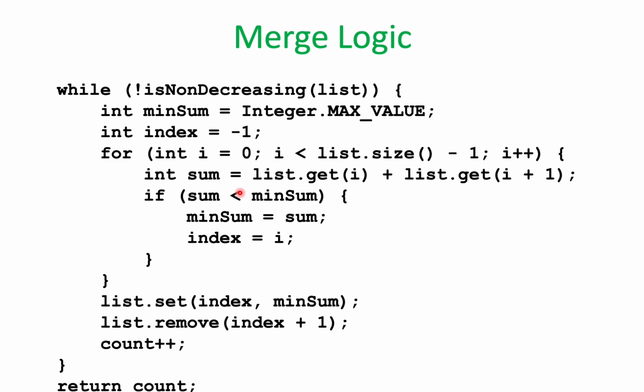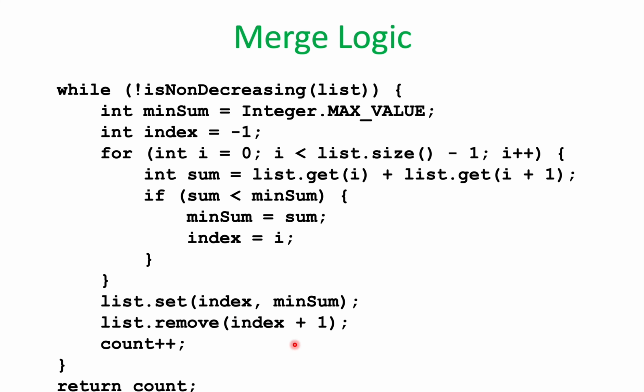What we are doing here is we find all the adjacent pairs and compute the sum, and then we have to select the leftmost pair that has the minimum sum. So we have found the minimum sum here. Now we will replace these two elements with their sum, and we will remove the last one.